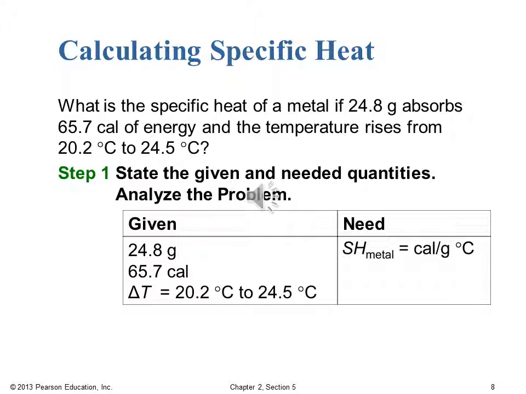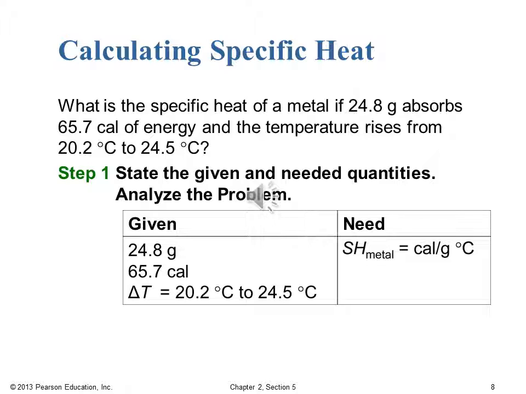So let's consider the following problem. What is the specific heat of a metal if 24.8 grams of the metal absorbs 65.7 calories of energy and the temperature rises from 20.2 degrees Celsius to 24.5 degrees Celsius? So step number 1, we're going to state the given and needed quantities and analyze the problem.